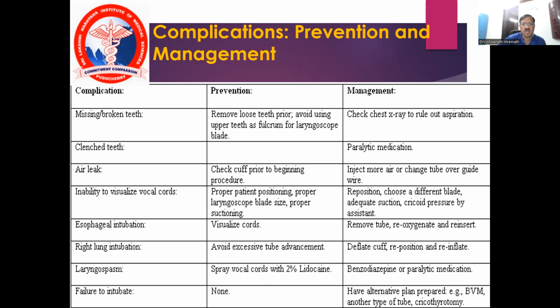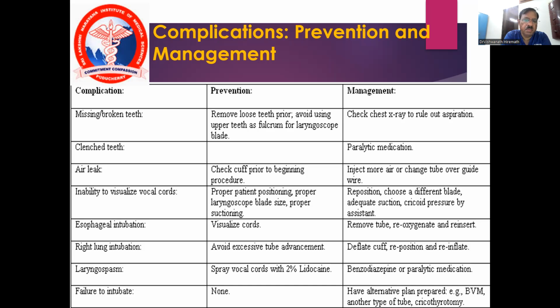Whenever there is an air leak, inject more air and change the tube over the guide wire. A smaller size tube may lead to an air leak. Better to change it with a larger size tube with the help of a tube exchanger.